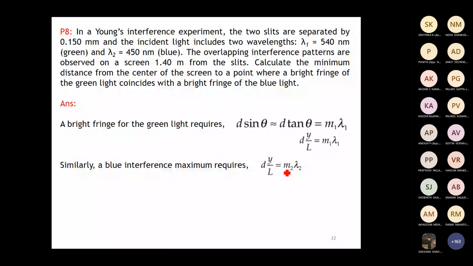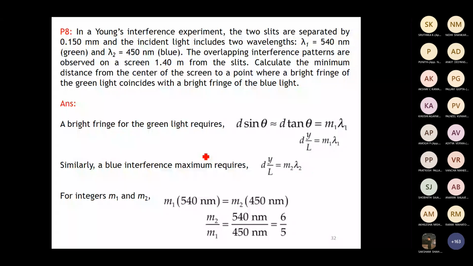Now, for integers m1 and m2, you have m1 into wavelength 540 nanometer, m2 into wavelength 450 nanometer. So the ratio will be 6 by 5.